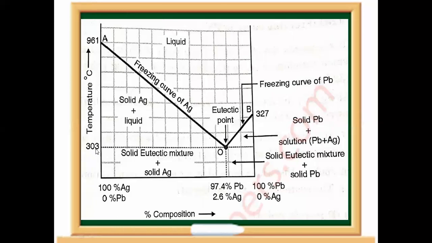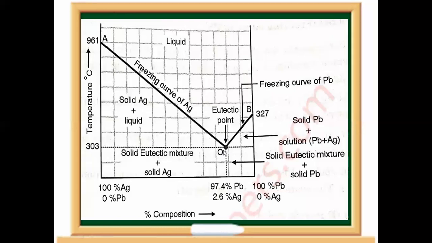Followed everyone? Okay, so at 303 degrees Celsius, there was this mixture of solid silver and saturated solution of lead and silver. So all this happened along the curve AO, which began at 961 and terminated at 303 degrees Celsius.